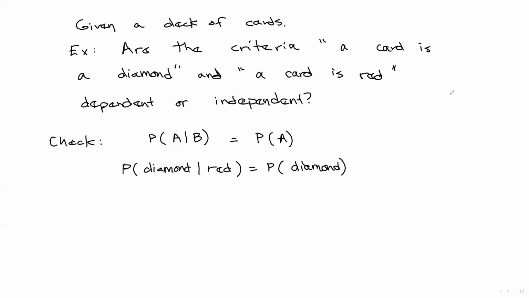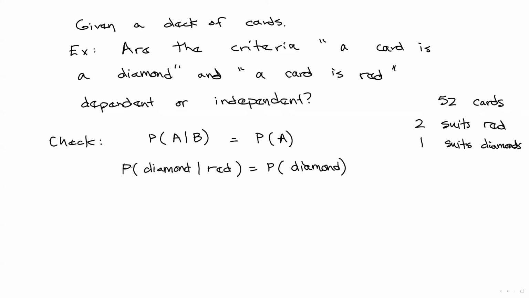Okay, so again, if we start off with our 52 cards, all right, so how many red cards are there? I didn't talk about that in the previous example, but when there's 4 suits, 2 of the suits are red. Okay, so 2 suits are red. And one of those suits are diamonds.